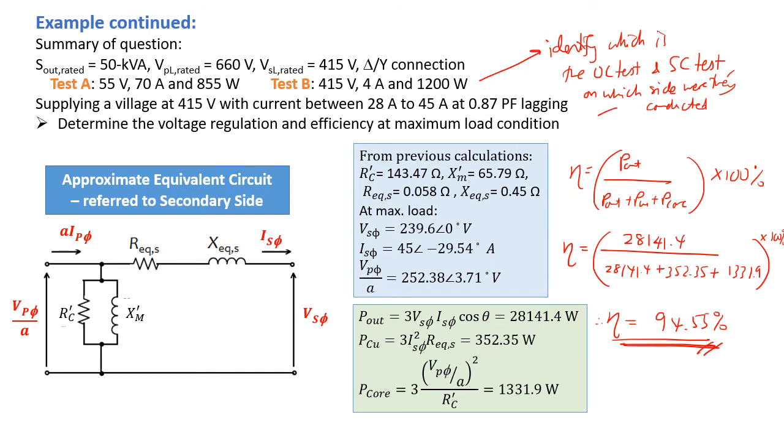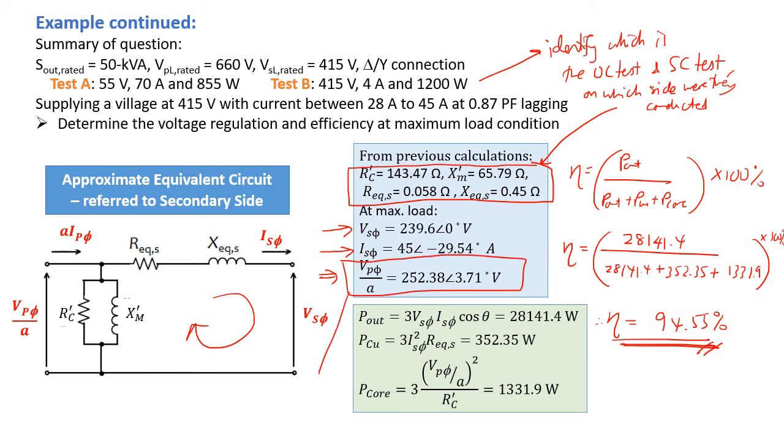Then from that, we got the equivalent circuit parameters RC prime, XM prime, REQS, XEQS, because in this example, both tests were done on the secondary side. Once we have the equivalent circuit parameters, depending on the load condition, you should identify VS phase. From the load condition, you should find IS phase, and then from the KVL of the equivalent circuit, find VP phase over A.